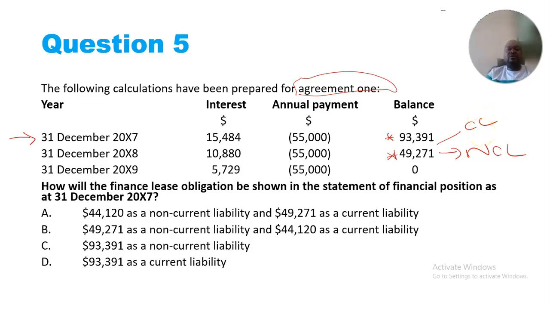Let us do that one. Obviously, in the examination, there won't be time to dilly-dally, you can see that our answer is B. 49,217, which is this one, is the non-current liability. And by elimination, there is no other.